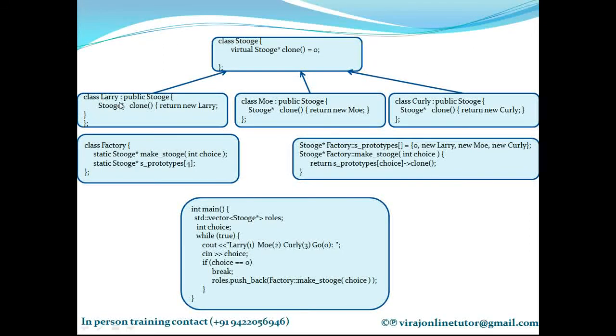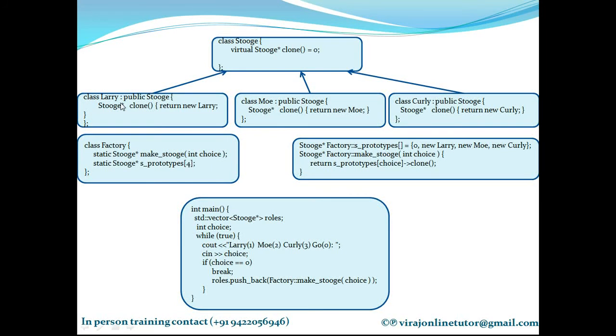Class Larry, class Mo, class Curly. So I have one prototype class which is an abstract class and 3 different concrete prototype classes. What was the important point I asked you to remember about clone? It returns a copy of itself.